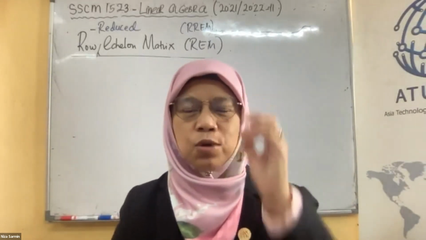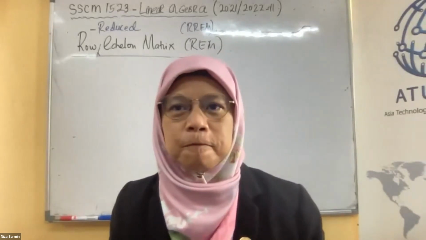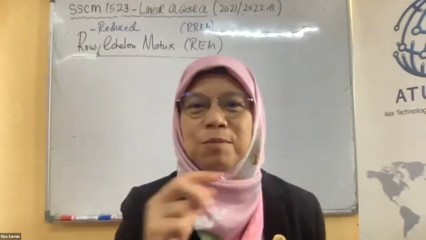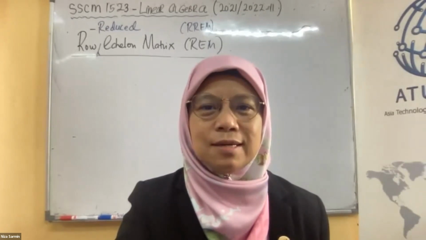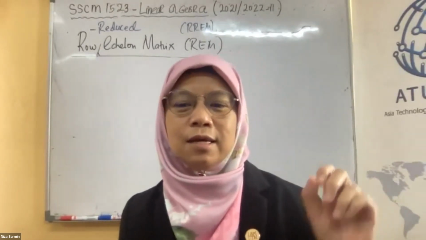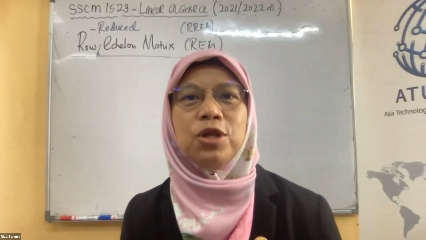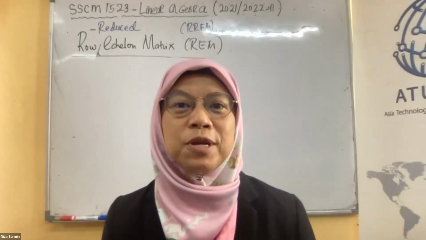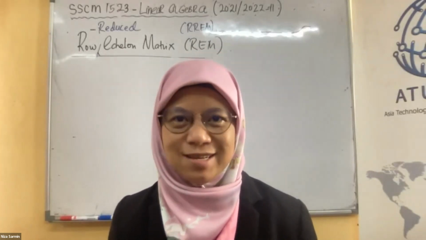Before I start, any question at all? Probably you have tried some examples that you cannot get, or you're not sure. One thing is that the row echelon matrix is not unique, and the operation is also not unique.